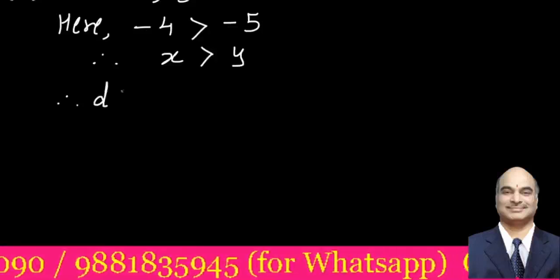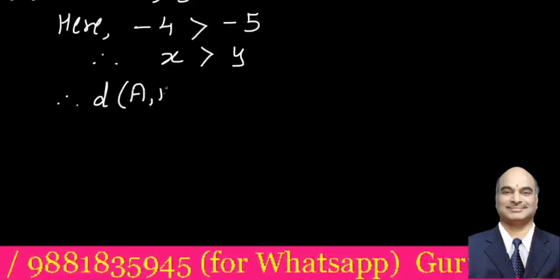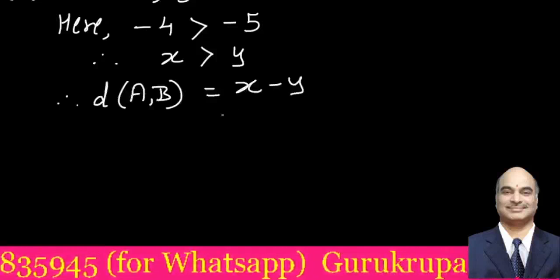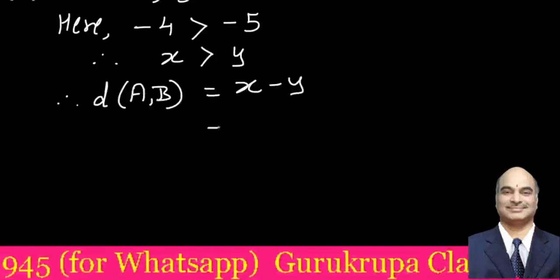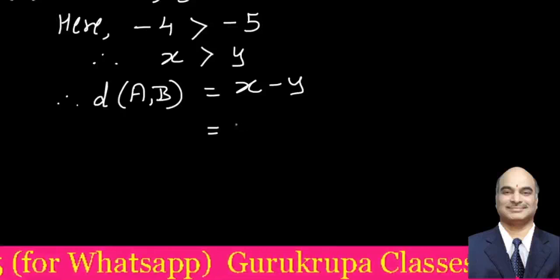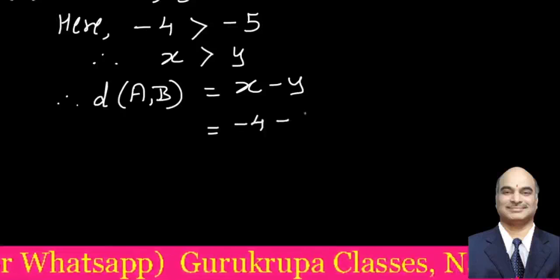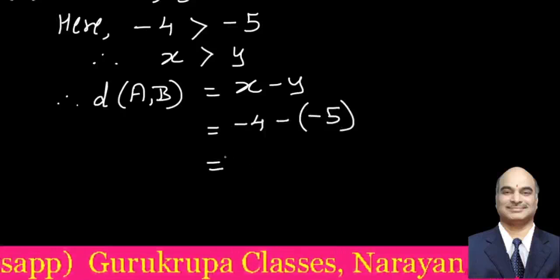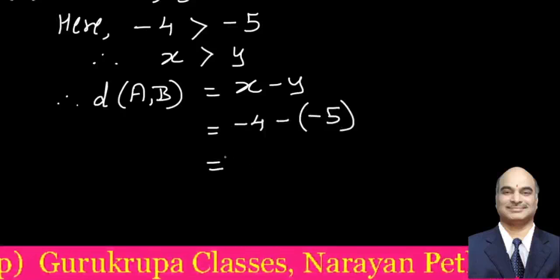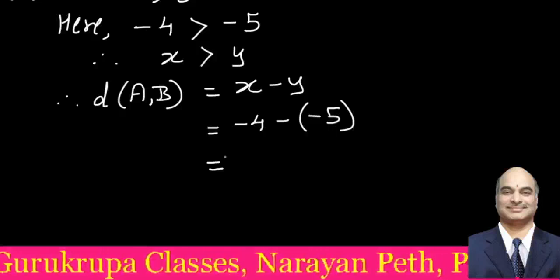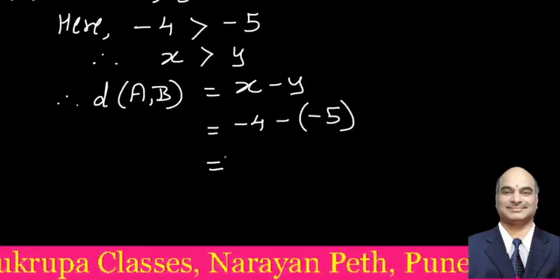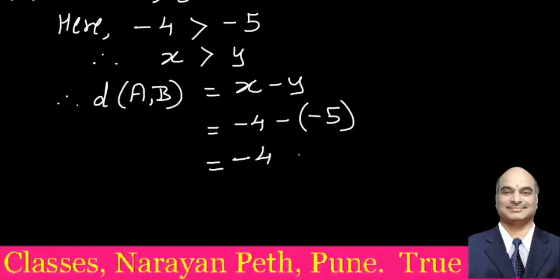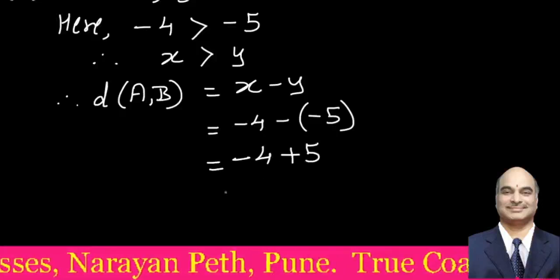Therefore, if you want to find the distance AB, we have to subtract the smaller from the greater, x minus y. Now x is minus 4 and y is minus 5. Just remember, if the given coordinate is negative, then we should write it in brackets. So minus 4 minus (minus 5), minus into minus is plus 5.